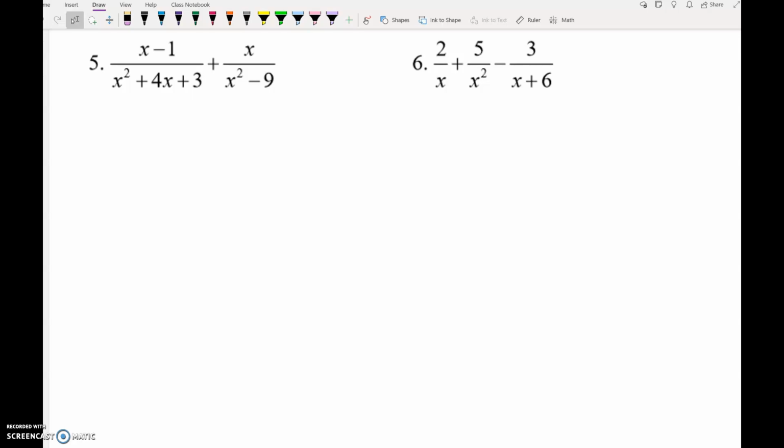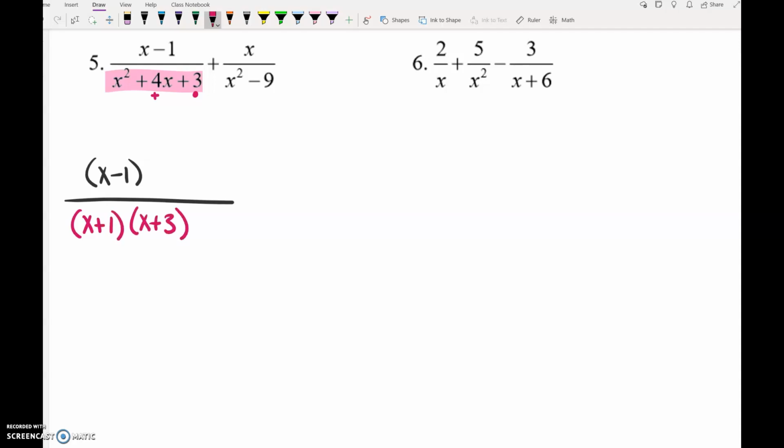Let's get number 5 set up one more time. So I've got x minus 1 in my numerator, and then this denominator needs to be factored. So I'm looking for 2 numbers that multiply to give me 3 and add up to 4. That would be 1 and 3.